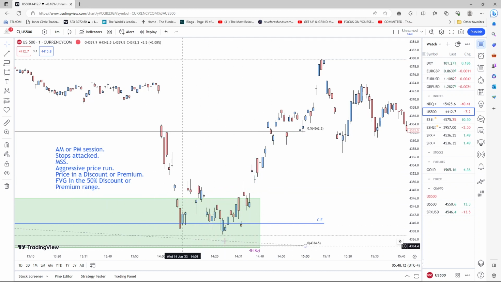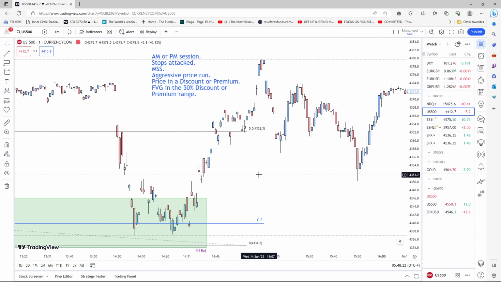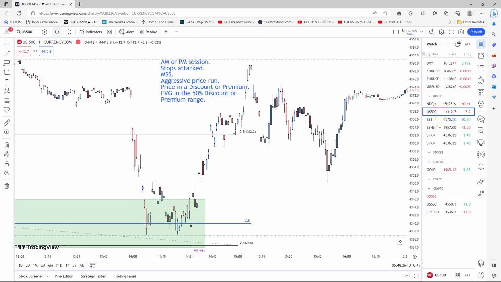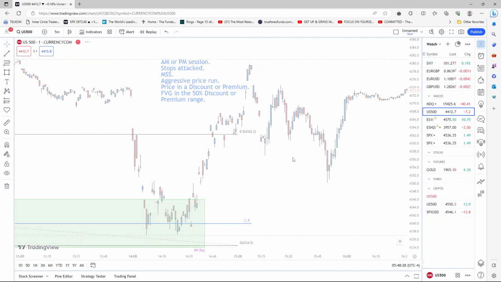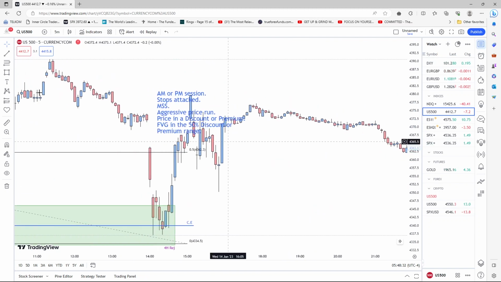Honestly, I would not have taken this just because of how choppy it is, how gappy it is. It's not clean. I would not take that trade, in my opinion. I would probably have done something like going up to the 5 minute, and then I would note this gap.